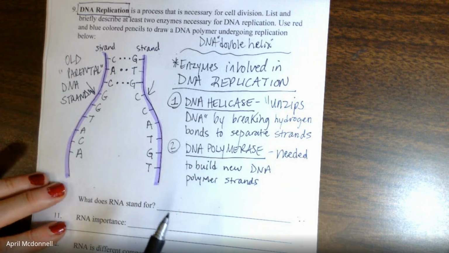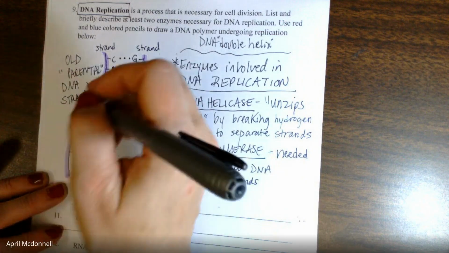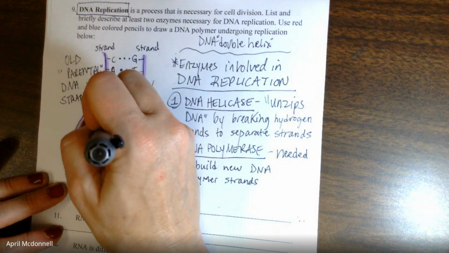What DNA polymerase does is it basically joins free nucleotides together in order to build strands of DNA which are brand new.